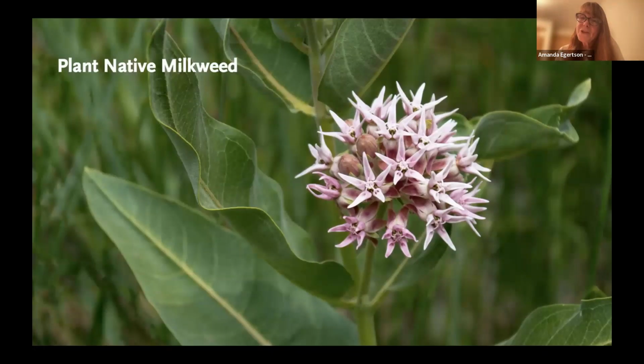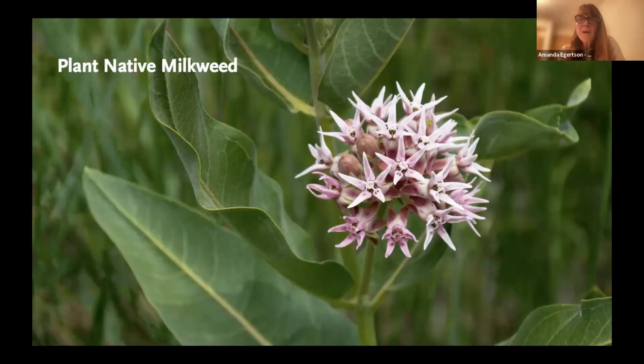And actually, if you're tuning in from Central Oregon, you can reach out to the Deschutes Land Trust and we will send you showy milkweed seeds for free. But we're really focused on local genetics. And so if you are from outside of Central Oregon, we're happy to help connect you with other resources so that you can get milkweed seeds that are right for wherever you are.